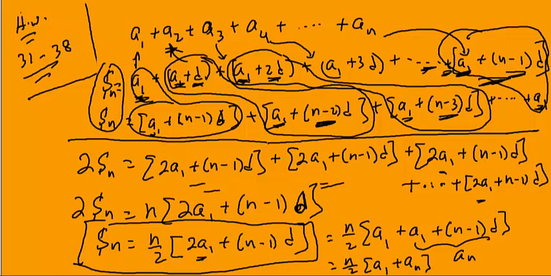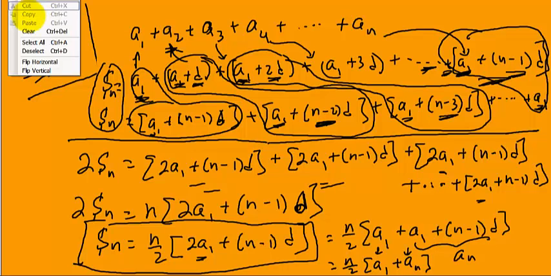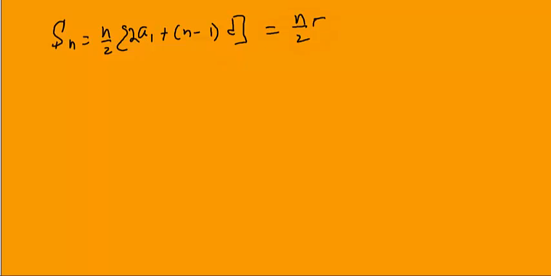So in a nutshell, my sum formula is n over 2, all that times 2 a sub 1 plus n minus 1 difference, or you can use n over 2, all that times a sub 1 plus a sub n, which is the first and the last term.